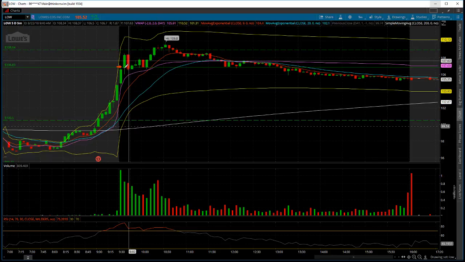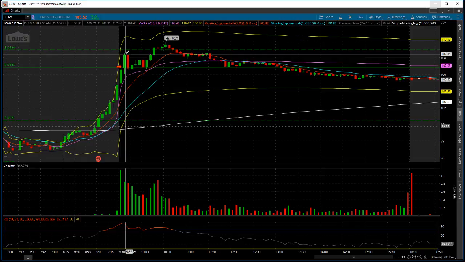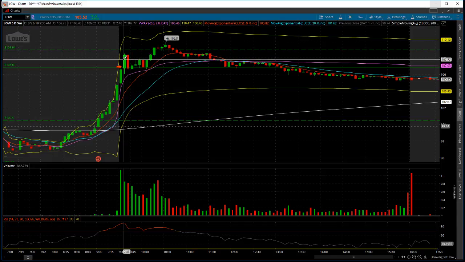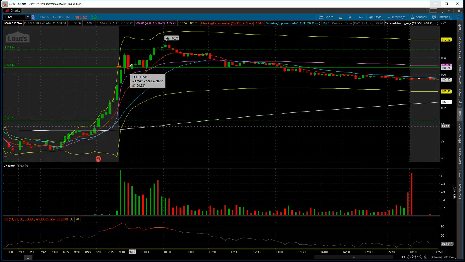And we got in. We got this break. This was a prime example of where I probably would have taken half off. My stop would have been back here at break even. And bam, this pullback would have stopped me out.